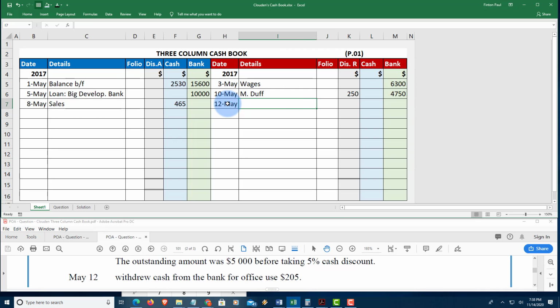We're showing that it is coming from the bank, and as a result it's going to cash, and it's going on the debit side. Cash is increasing.